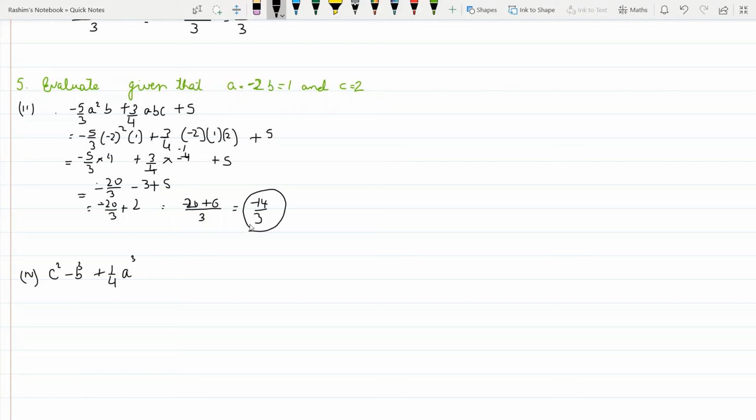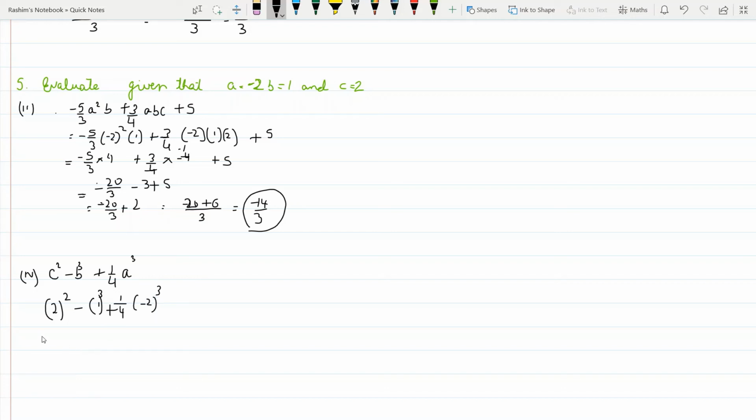Alright. Now the fourth part is c square minus b cube plus 1 upon 4 a cube. C square means 2 square, minus b means 1 cube, plus 1 upon 4, a cube means -2 cube. Alright. Now let us solve it.